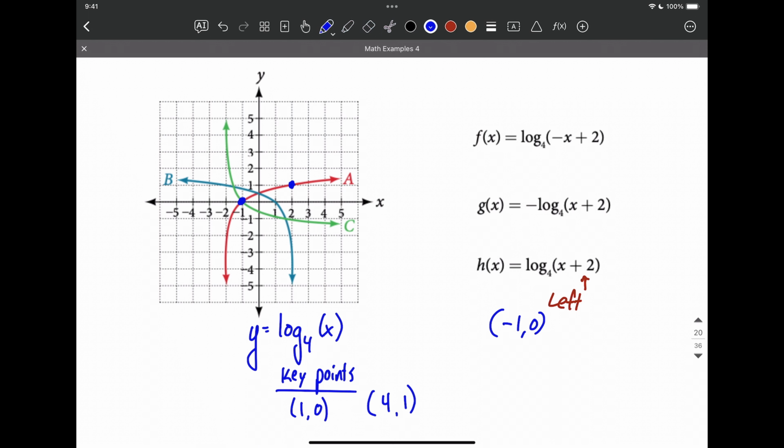Next, let's use those 2 key points and think about the next one up, where it's the same function going on, except we have a negative. A negative as a transformation always is going to be a reflection of some sort. In this case, because this negative is attached to the entire function instead of directly to x, it's going to be a vertical reflection.